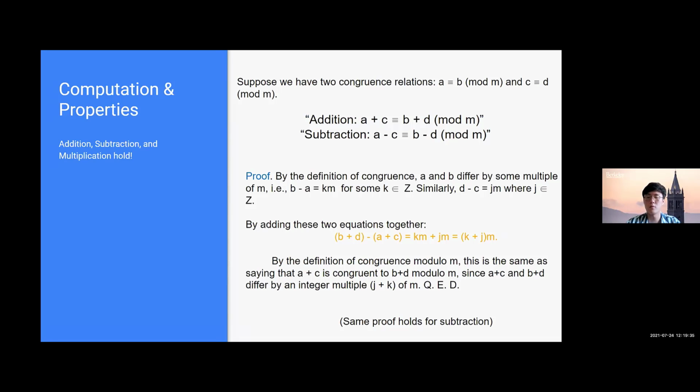Similarly, the same holds for D minus C, which is an integer multiple of M. By adding these two equations together, you get B plus D minus A plus C equals some integer multiple of M. So by the definition of congruence modulo M we just talked about, A plus C is congruent to B plus D over modulus M, since A plus C and B plus D differ by an integer multiple, right? And the same proof holds for subtraction if you just change the sign.